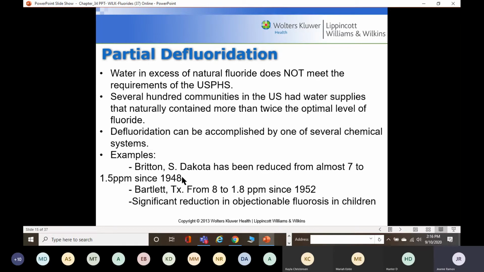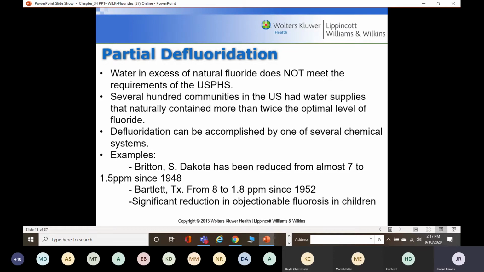per million since 1948. Bartlett, Texas, it was naturally in their water 8, and I think I told you guys it went from 8, since 1952, to 1.8. So I told you guys that I could always tell, back in the 70s and 80s, kind of where in the country a person was born.